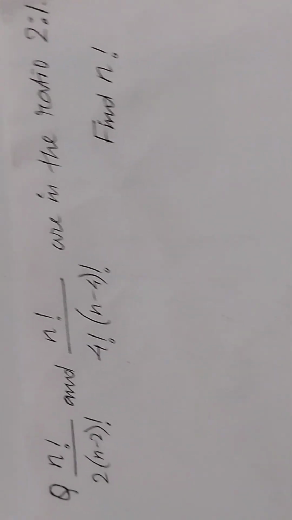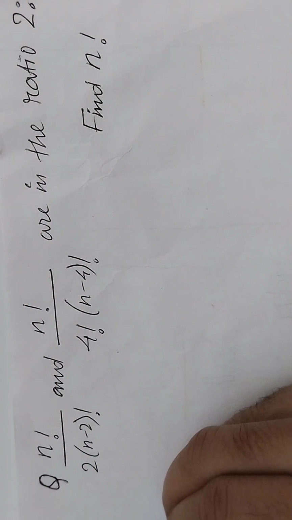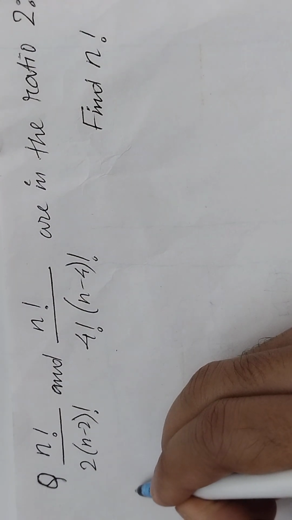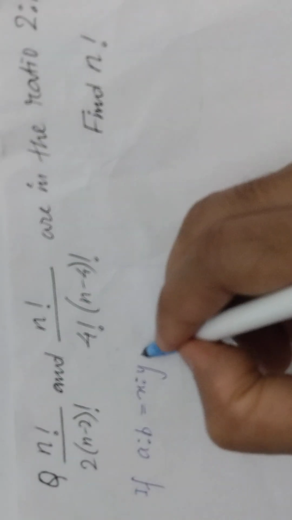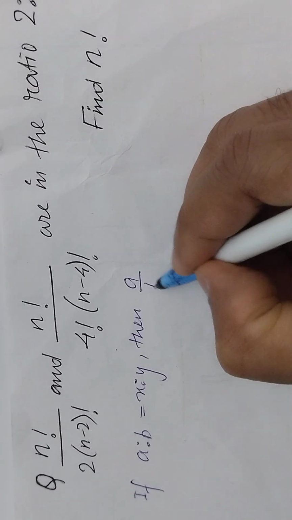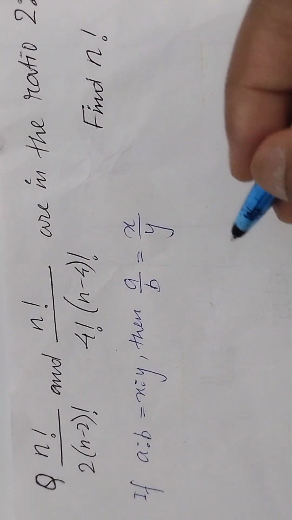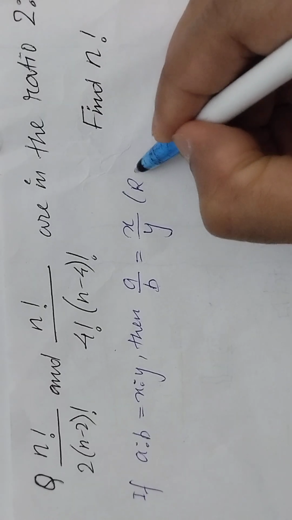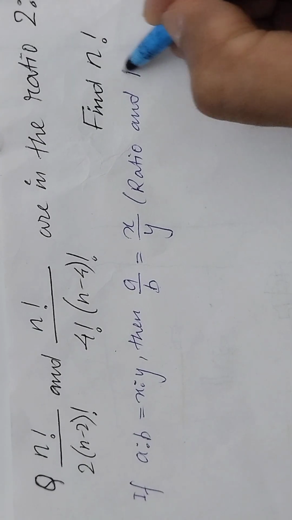We need to put them in the ratio and proportion rule, which is: if a is to b is equal to x is to y, then a by b is equal to x by y, which is from the ratio and proportion lesson.